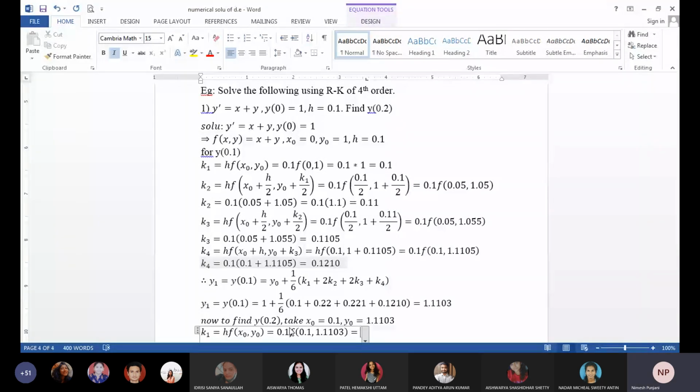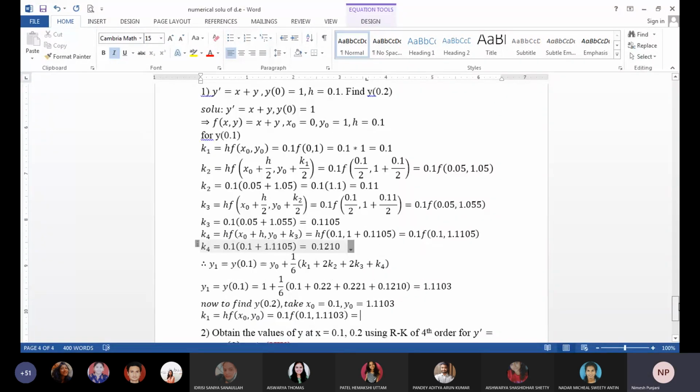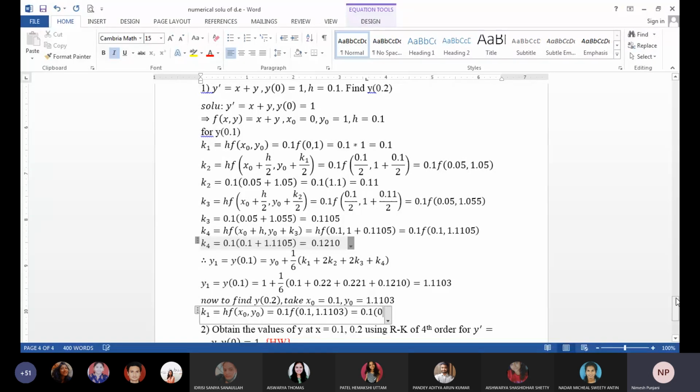So what will come? My f of x, y was x plus y. So this will be 0.1 multiplied by 1.2103, which is 0.121. There are 4 decimals, 5 decimals are coming, one decimal ignored.